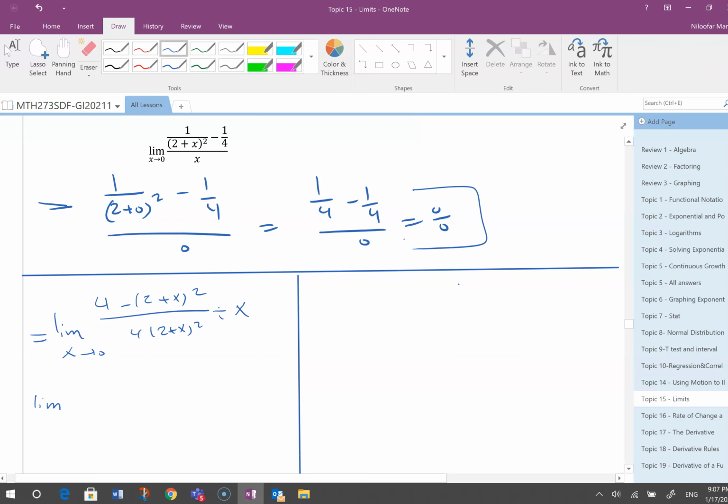For example, if I substitute and the answer is 0, the answer is 0. Done. I don't need to do this. So this limit x goes to 0 is 4 minus (4 plus x squared plus 4x) divided by 4 times (2 plus x) squared, multiplied by 1 over x.